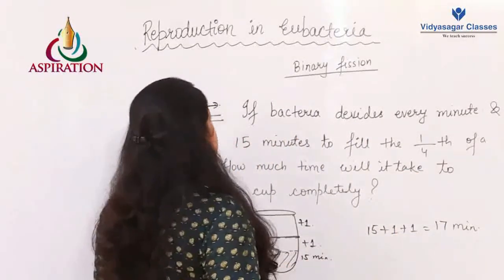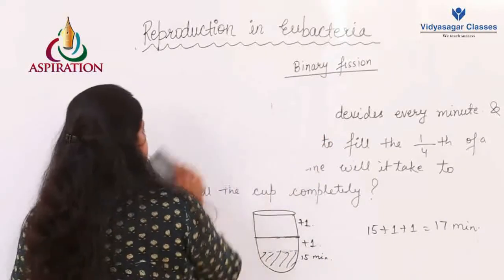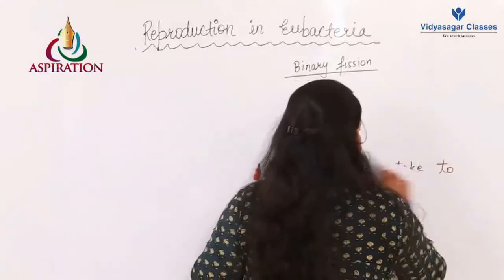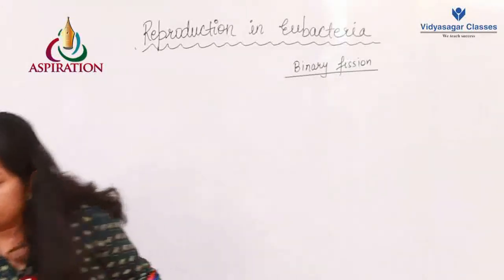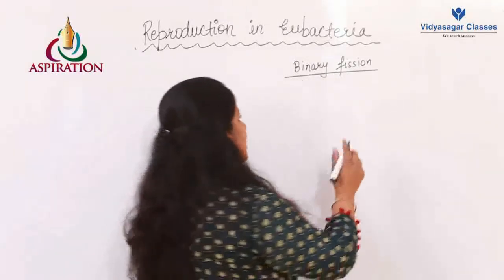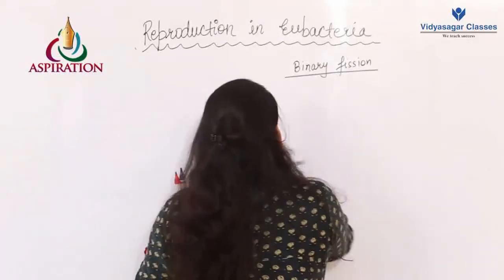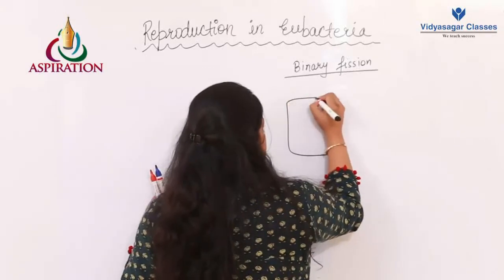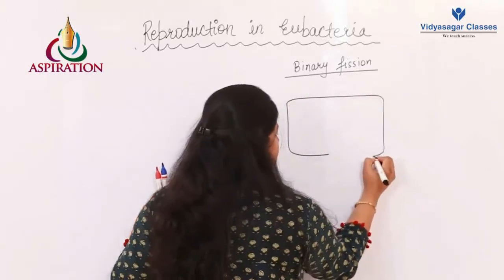Now let's see the process of binary fission. We all know the structure of the bacterial cell. This is the cell wall.